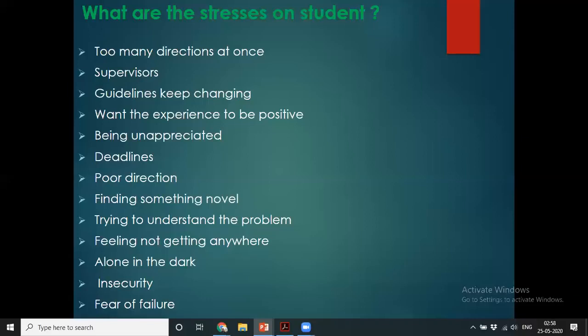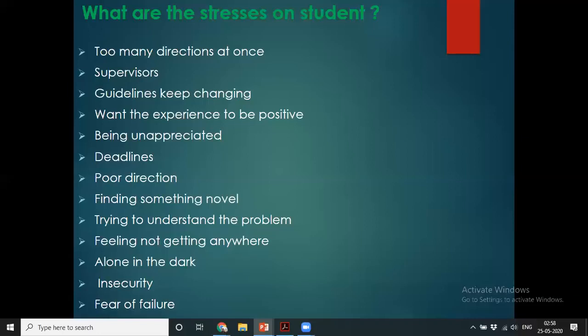That also creates a problem for the student. Then feeling of not getting anywhere. Sometimes research scholars, due to different kinds of reasons, do not get motivated. They stay in depression. That is also a kind of problem generally faced by students. Then alone in the dark.